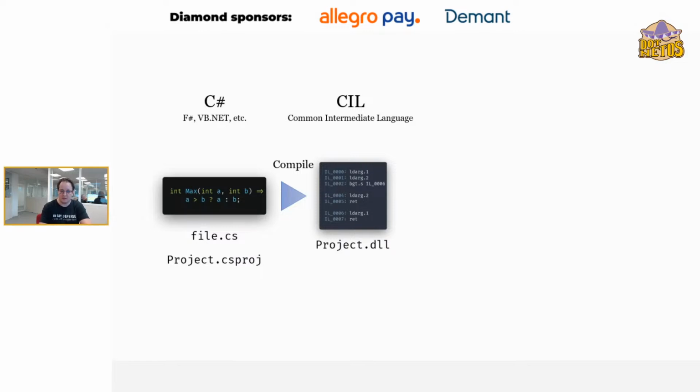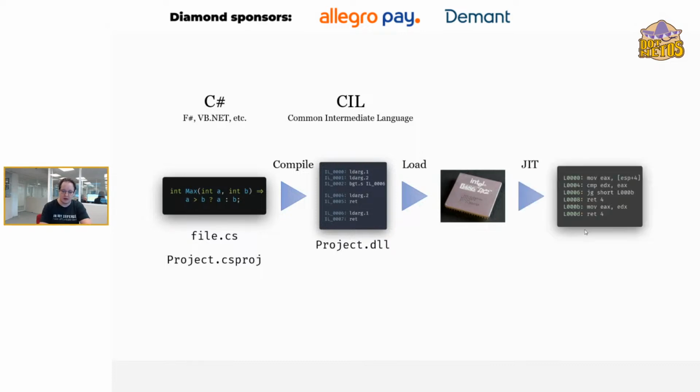If you want to execute .NET software, the first step is to load the assemblies into memory. Now, the CIL cannot be directly executed by the processor, so there is one final translation step that needs to be done just in time to produce the actual executable machine code.